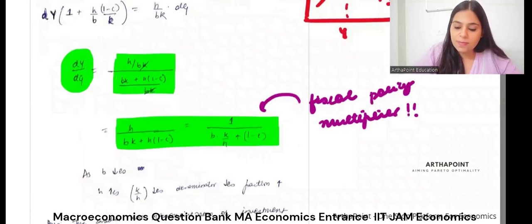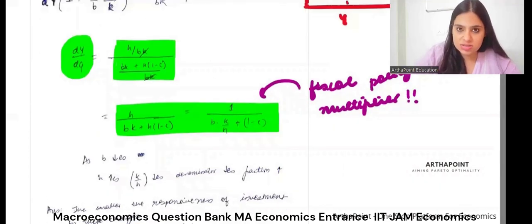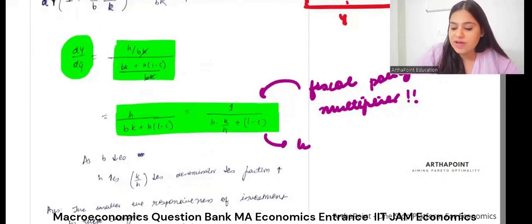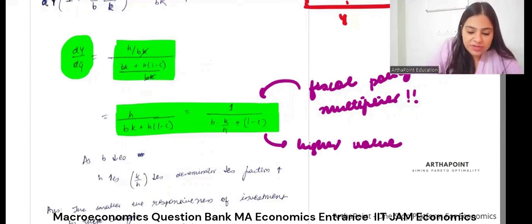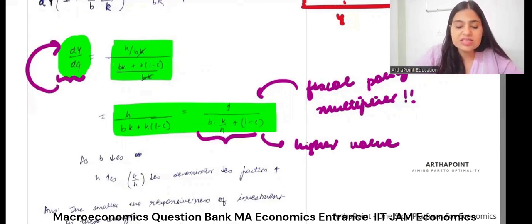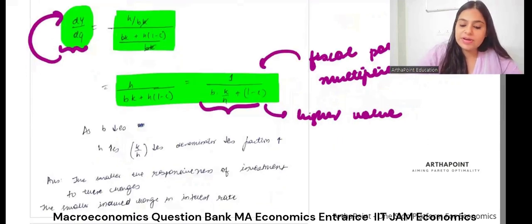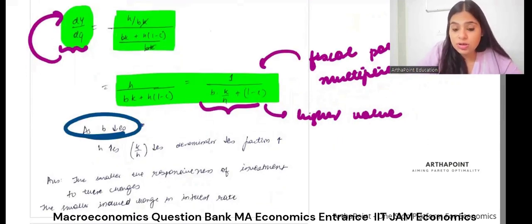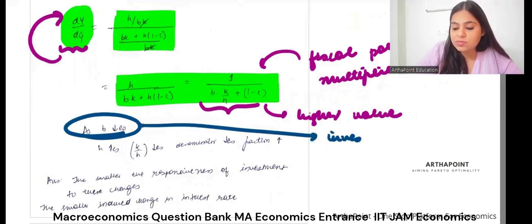And if you see, this fiscal policy is effective, the higher is this value, the higher is this multiplier. So a given change in G causes more change in Y, the bigger this value is. And this value depends on B, where B is how sensitive investment is to interest rate.